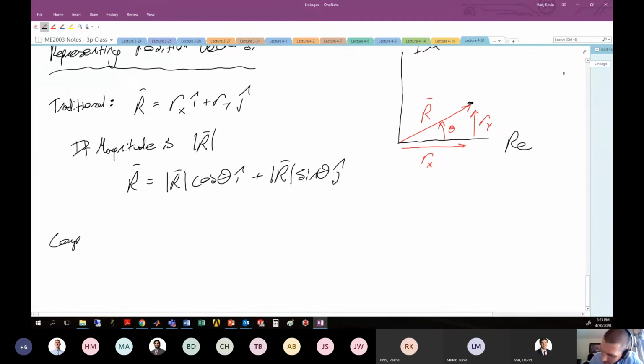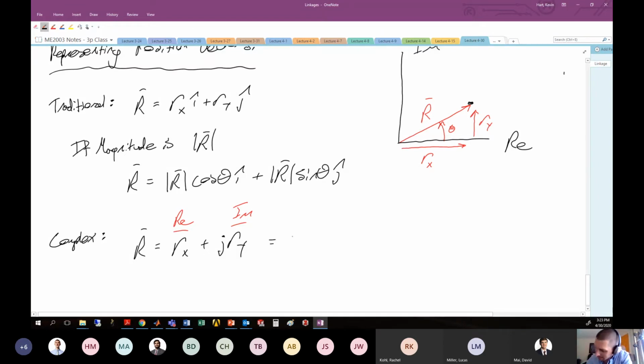We also have your complex representation, which is R equals Rx plus j Ry. This is your real component. This is your imaginary component. We have a unit vector times this Rx, which is 1, hanging out there. That is the real unit vector, 1. I'm not including it here because it's obvious, times the imaginary portion, Ry and the j.